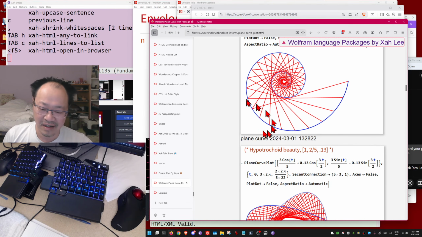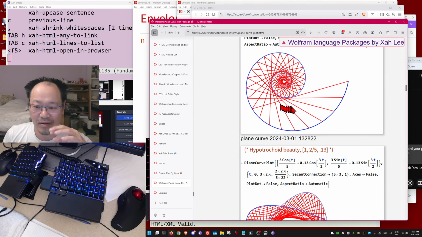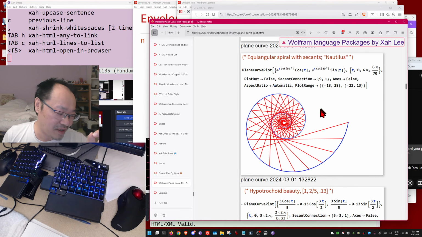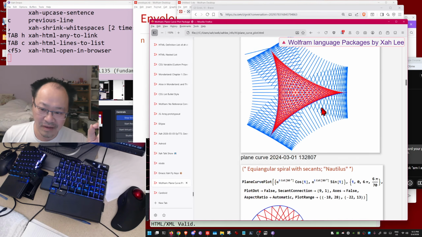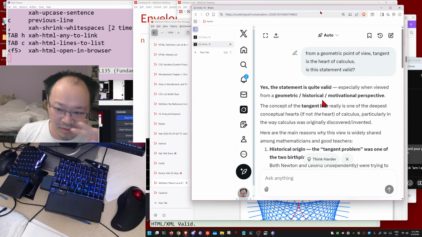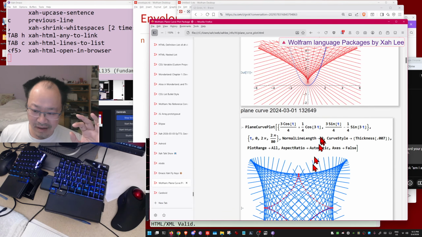A secant is just any two given points on the curve, and you connect a line between them. That line is called the secant between those two points on the curve. So the secant is not very significant. The significance is the tangent, which we just talked about.